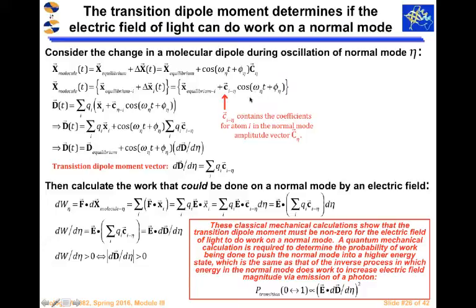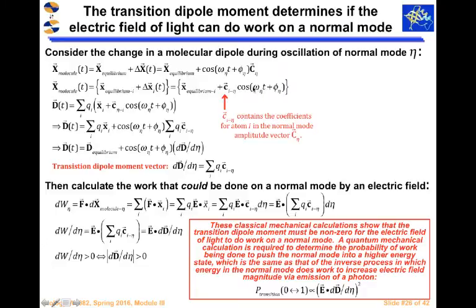And so now, how does that normal mode interact with a light wave? One of the things we're going to do is look at how the dipole moment changes as a function of the so-called normal coordinate. Well, what is the normal coordinate? The normal coordinate is basically this sinusoidal oscillation. In the normal mode, all of the atoms are moving with this frequency.